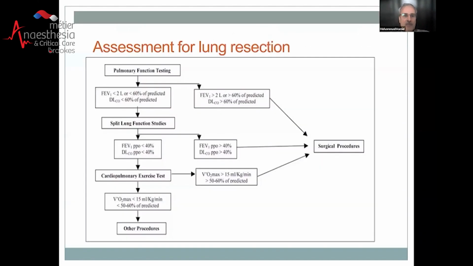But if the patient is coming for lung resection, then the assessment of the lung resection needs to be done, whether this patient can have a lobectomy or pneumonectomy, so that this patient cannot be dependent on ventilation and can be safely extubated at the end of surgery.